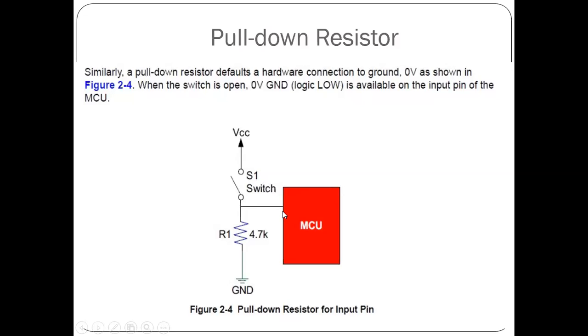We call it again floating. To avoid this, here we have R1. When R1 is there and the switch is open, then the MCU gets ground, or logic 0. In this way, R1 is used to provide logic 0 to the MCU. And as this is pulling down to the ground value, we call this a pull down resistor.